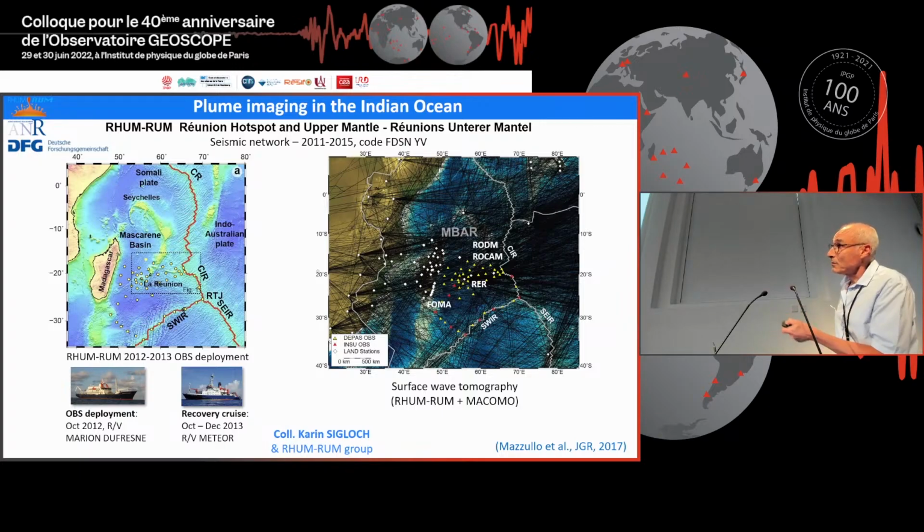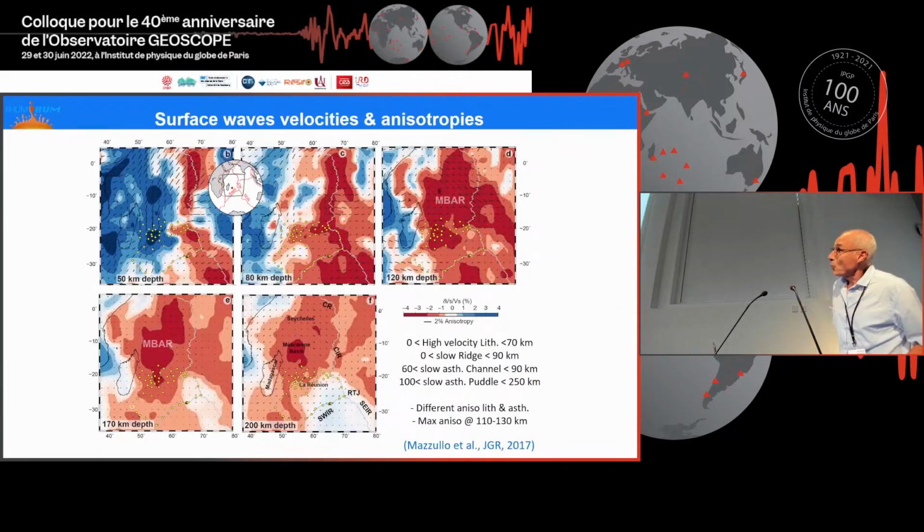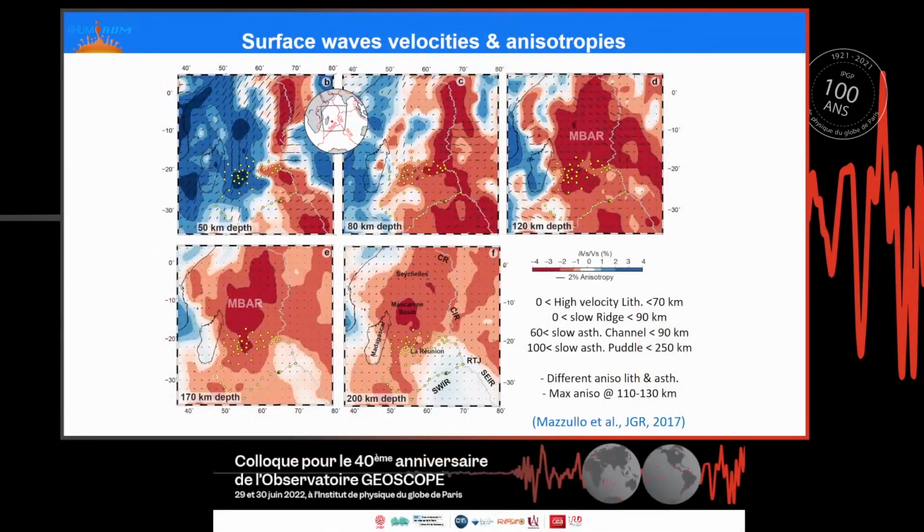Of course, it provides a much higher and much better resolution in imaging the upper and lower mantle. One of the first results was provided by Alessandro Mazzullo in his surface wave tomography of isotropic and anisotropic velocities. To make it very short, we observe here in the Mascarene Basin a quite thick and fast lithosphere with a north-south trending anisotropy.